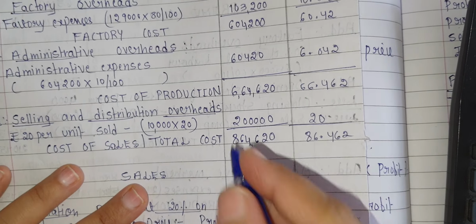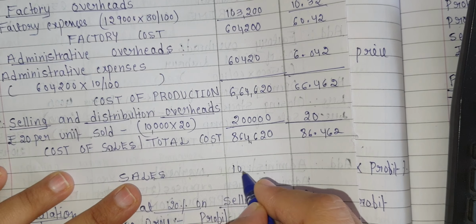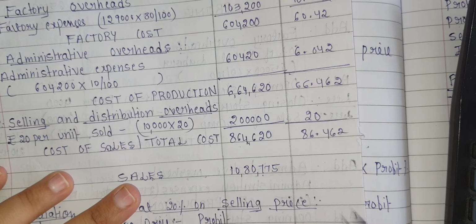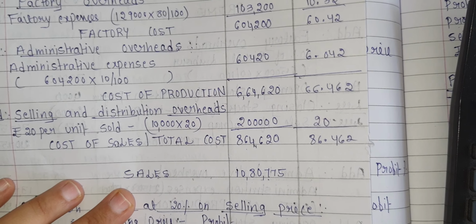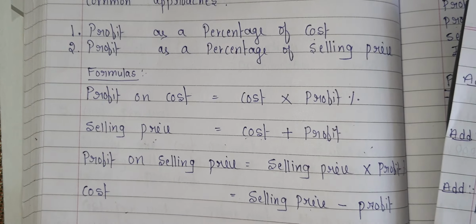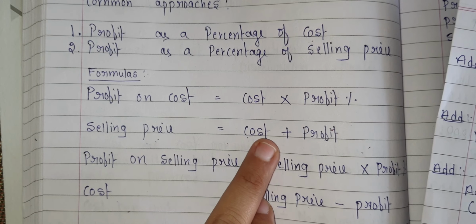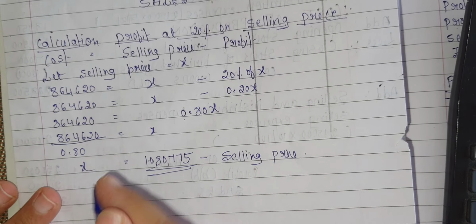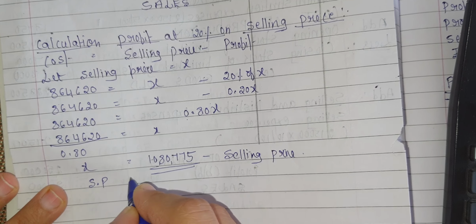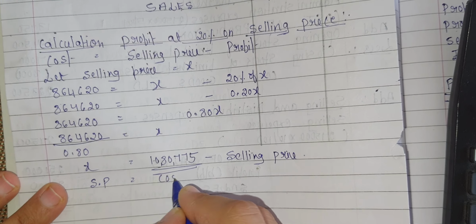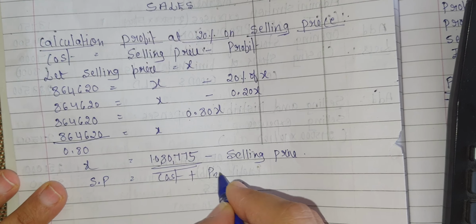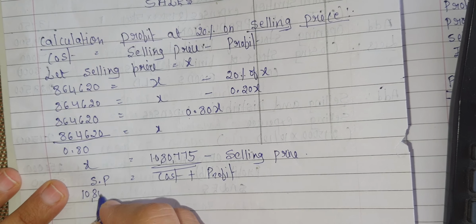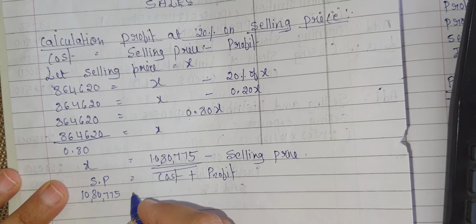So write down here, sales value is 10,80,775. Then what is the profit? How do we have to calculate? Selling price equals cost plus profit. Here see. Our selling price is 10,80,775.